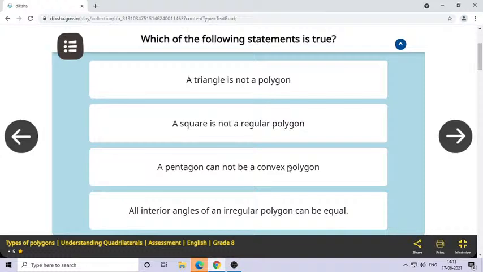And the fourth one, let's go to the fourth one. All interior angles of an irregular polygon can be equal. So fourth one is false. So what is the answer for this question then? All of you write it in the comment section. What is the answer for this question?